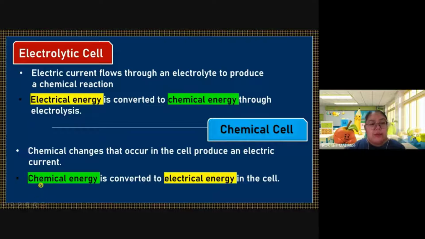Here, chemical energy is converted to electrical energy in the cell. You can try this in your house, not only with the lemon. Sometimes you can use a potato. A potato can also conduct electricity, so this is one example of a chemical cell.